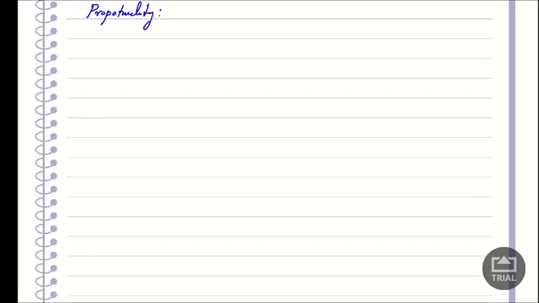Proportionality. So if you have y proportional to x, we call it direct proportional. If you have y proportional to 1 divided by x, we call it inversely proportional. So this is the inverse case. Right? So this is the direct case.